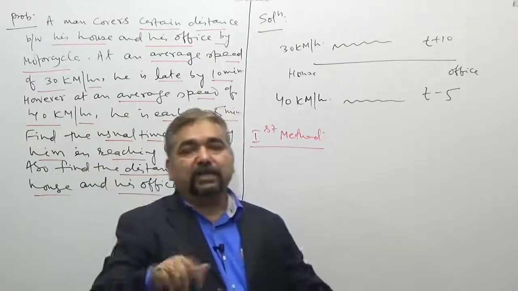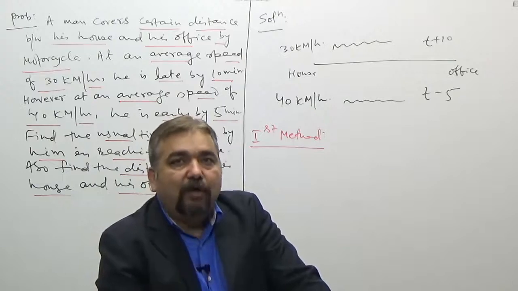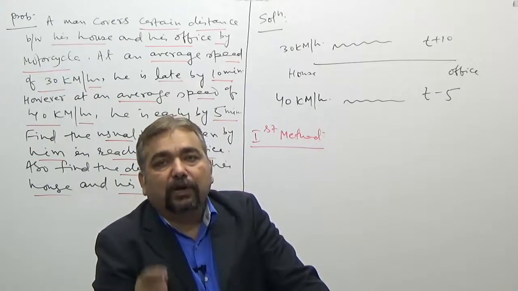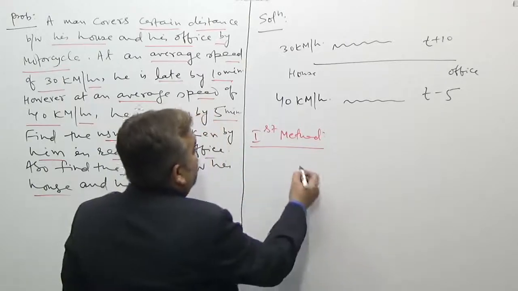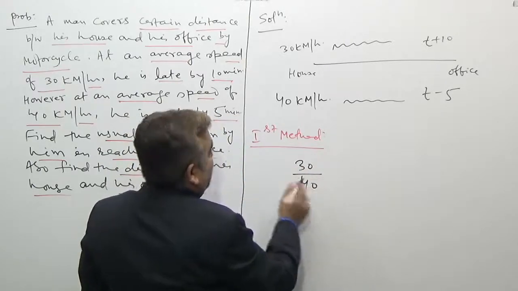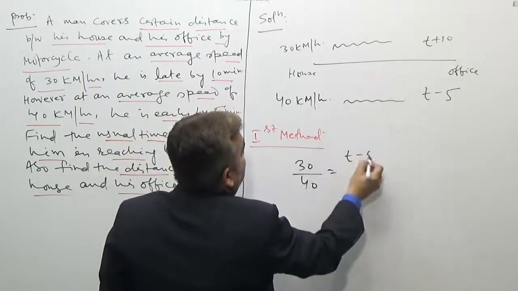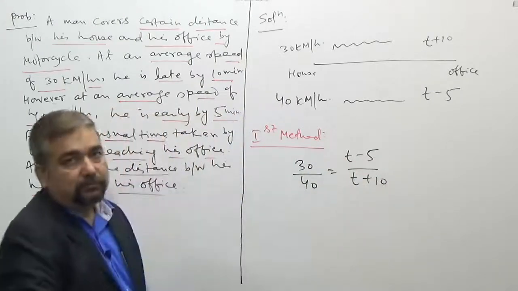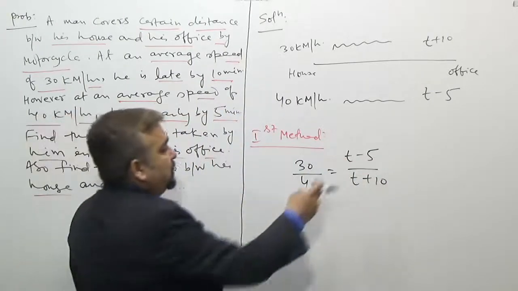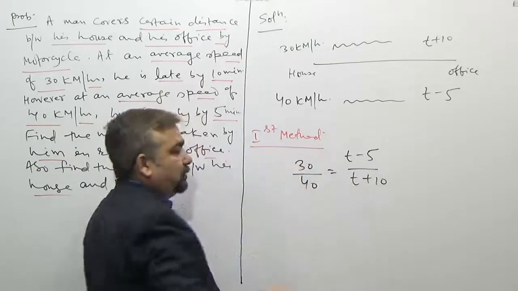As you know that when distance is constant, ratio of speed equal to inverse ratio of time. So we have 30 by 40 equal to t minus 5 by t plus 10. Because t minus 5 corresponds to 40, t plus 10 corresponds to 30.